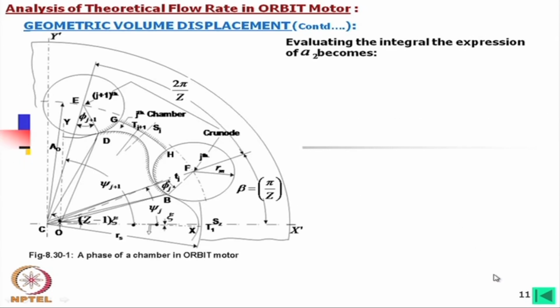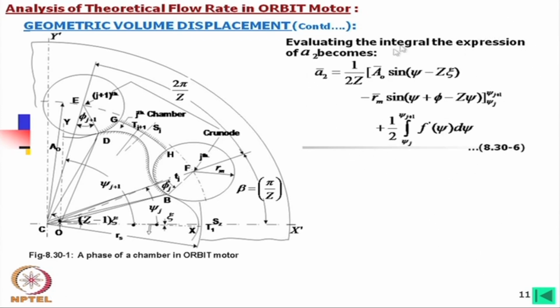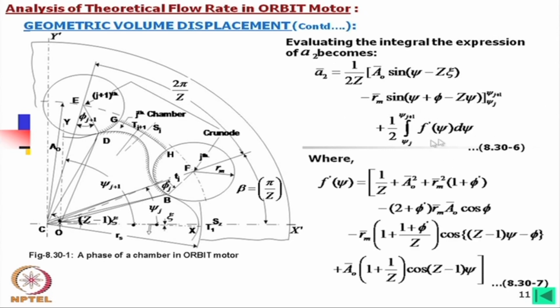Now, if we evaluate this integral, we will arrive at this formula, but still one integration part will be there, for which this can be expressed in this form. That now this integration is not presented in any closed form, a solution is not given here.